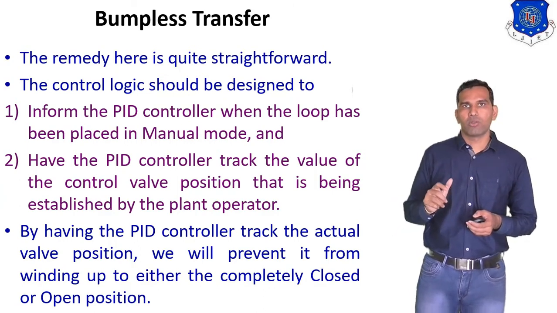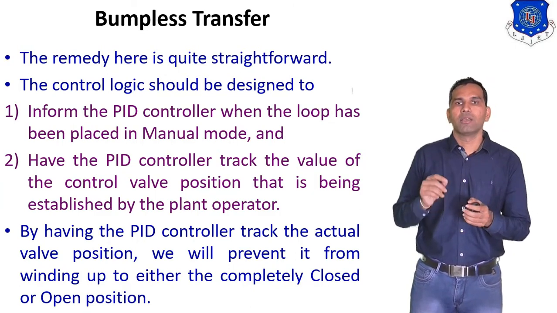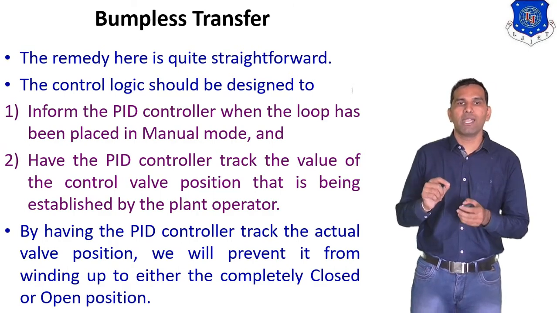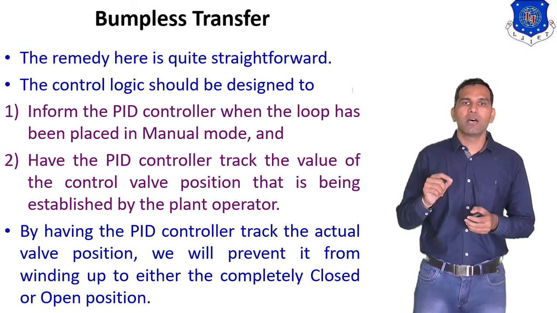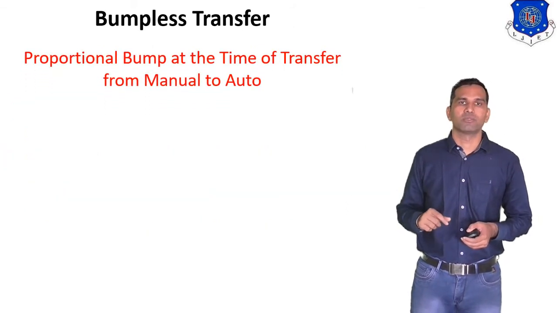So we can control more effectively. By having the PID controller track the actual valve position, we prevent it from winding up to either the completely closed or completely open position.